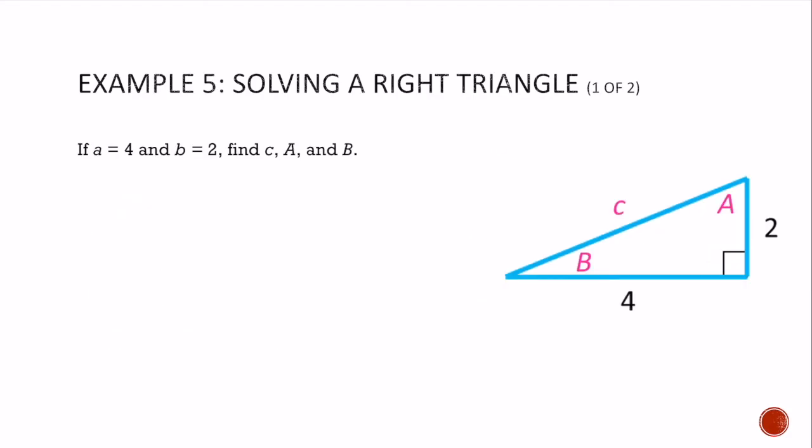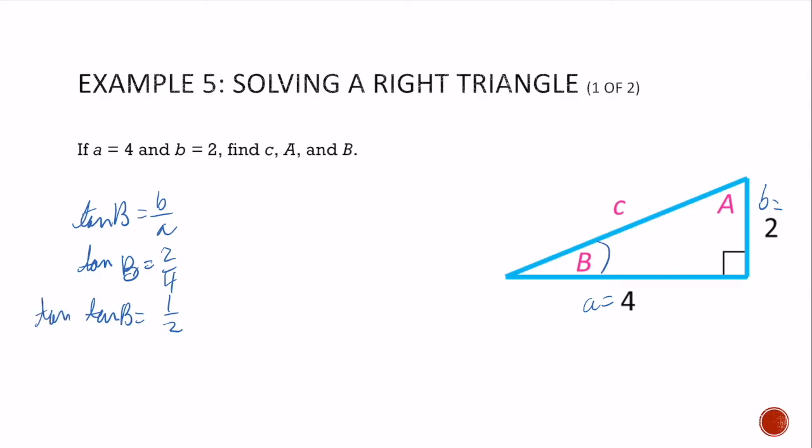Let's practice solving another one. I have that a is 4, b is 2, and I need to find c, A, and B. Well, tan of B is going to be b over a. So tan of B is 2 over 4. Tan of B is 1/2.